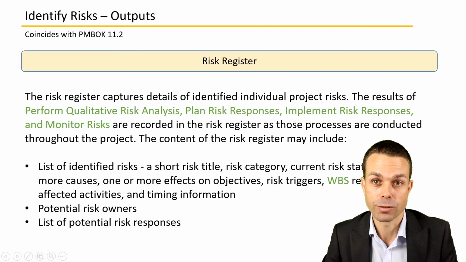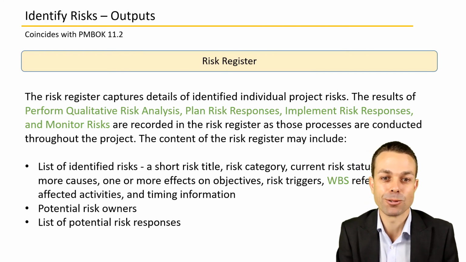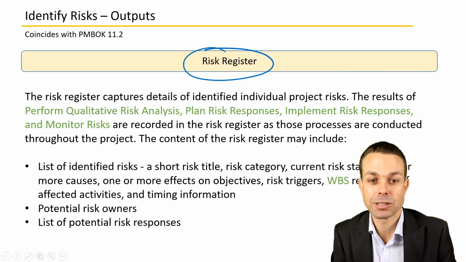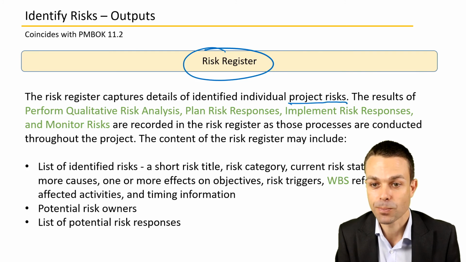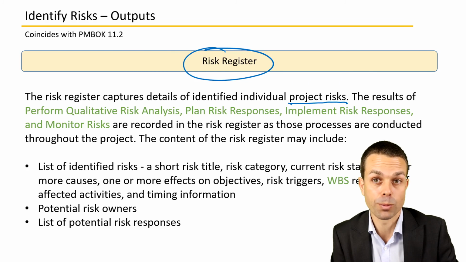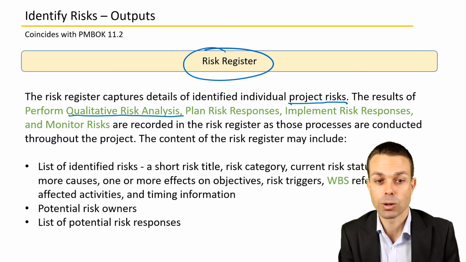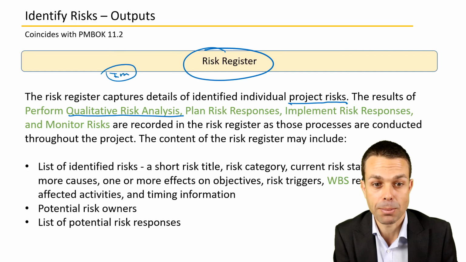Outputs that we'll see for identifying risks is the risk register itself. So this risk register captures details of the identified individual project risks. The results of other risk processes will be impacted by this. So performing qualitative risk analysis, where we're doing the impact and probability of the risks and what's the likelihood of it happening.